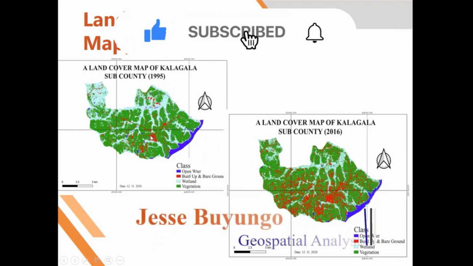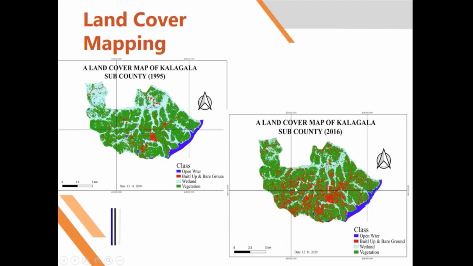This is an urban area, and these are urban areas which were distributed throughout the image. And you can see that the wetland reduced because this was a wetland, this was a wetland, and you can see a reduction in the wetland. Also, more and more information can be gotten when you do land cover mapping using satellite images.